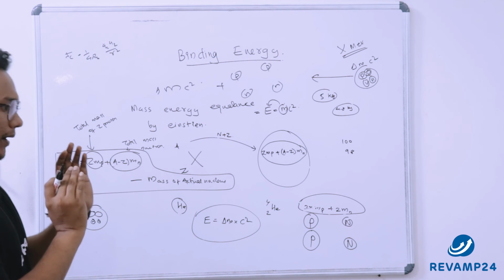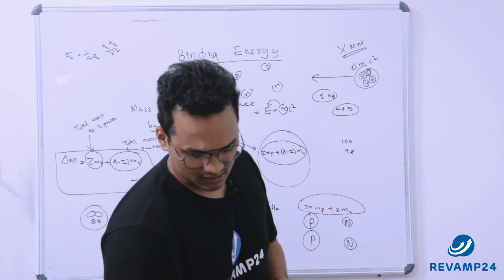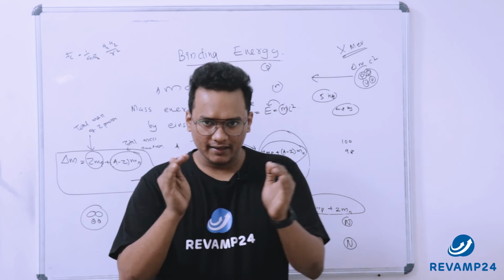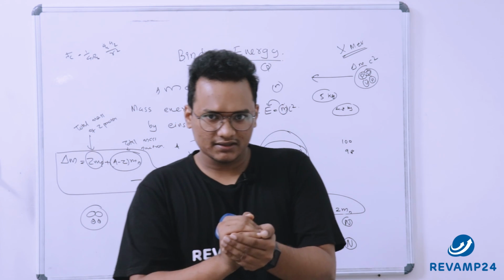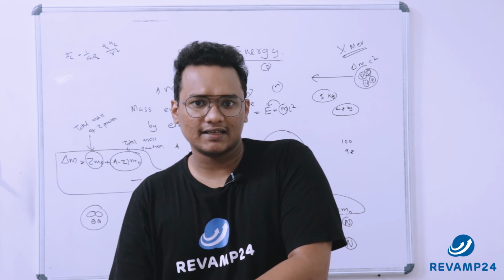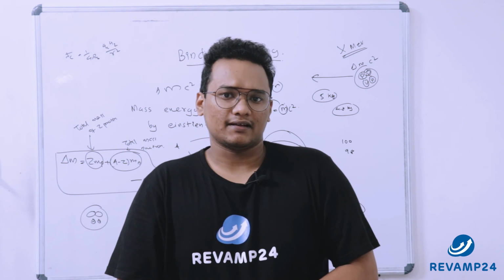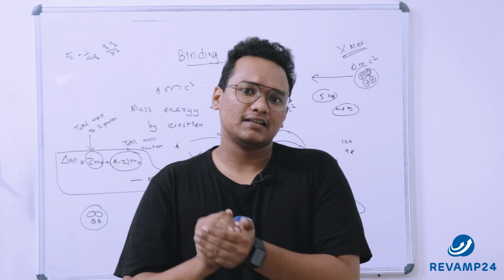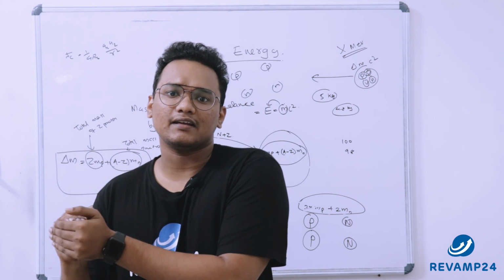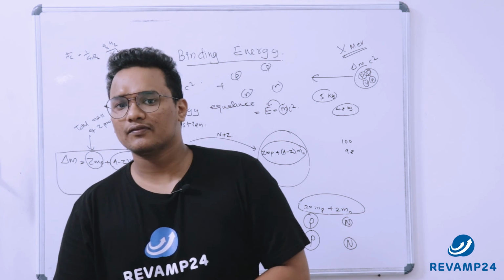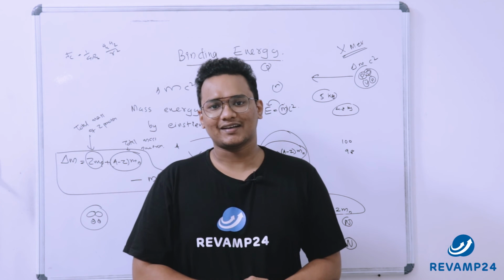Binding energy is nothing but the energy required to bind the nucleons that form the nucleus of any element. This energy is equal to the mass defect into the square of the velocity of light. Okay, thank you.